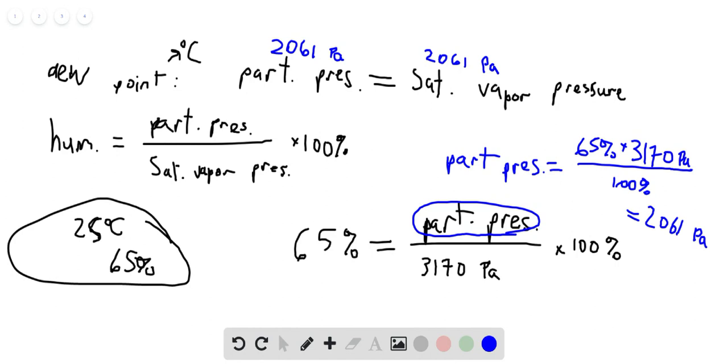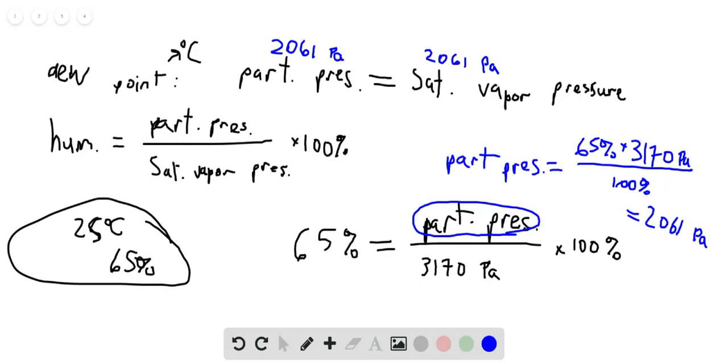Go with me, look at table 13-3, saturated vapor pressure of water. I know you can't see it right now, but you could look in your manual, page 379.